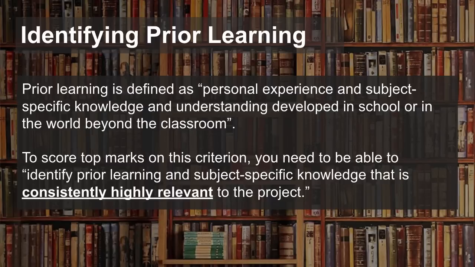So the IB really wants to see that you are thinking about how your previous subjects have helped you to develop certain skills that you're going to be using in the development of the project. Maybe you've had help and experience with research skills, maybe giving presentations, etc.